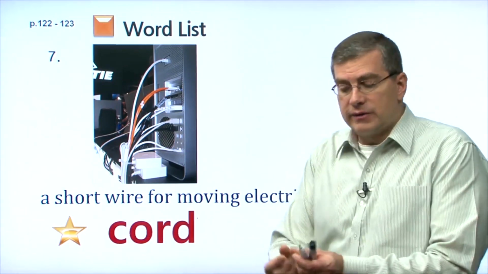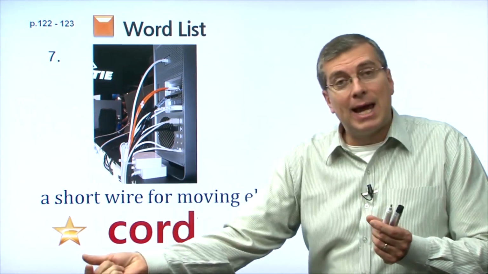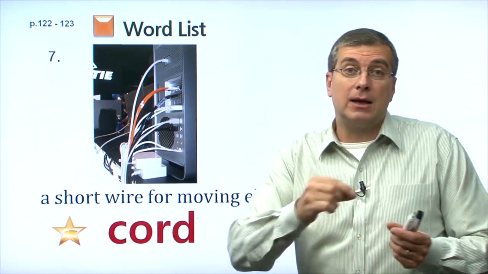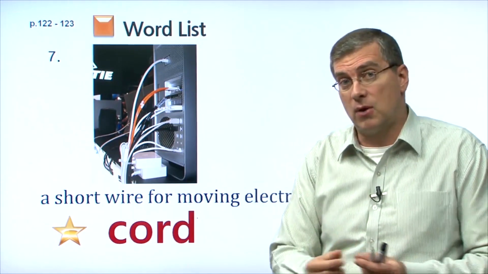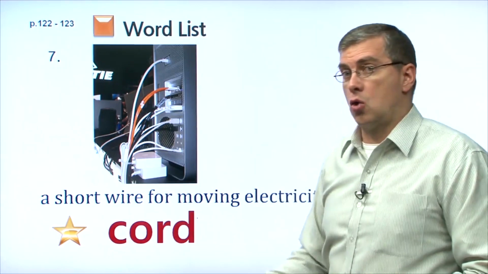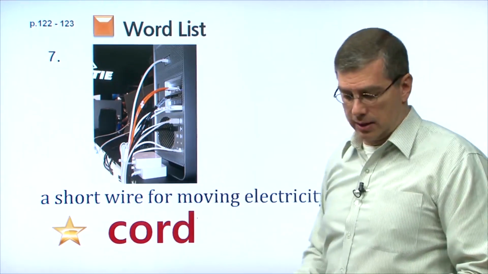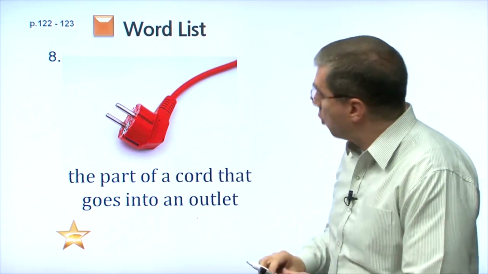Cord. A cord is a small wire with two ends. You put one end in the outlet, the other end goes into your device, into your computer or smartphone. That short wire we call a cord. A cord. Okay, let's move on. Number 8, at the end of the cord, this is the cord here.